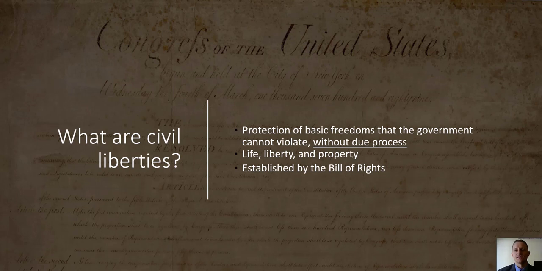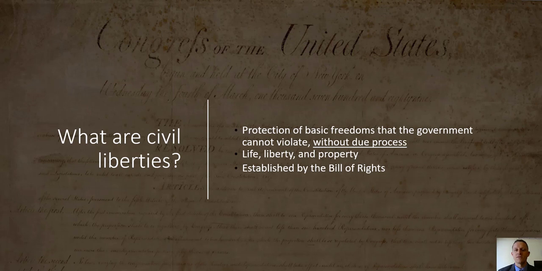And again, because the framers had just emerged out of the colonial system under the British monarchy, they were very keen to ensure that citizens' rights were protected from abuses of power. These protections are generally centered around three key concepts: life, liberty, and property.